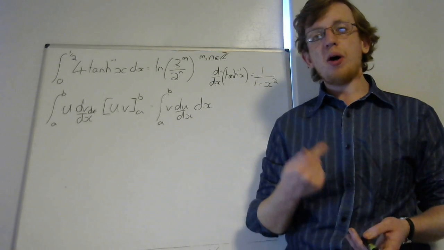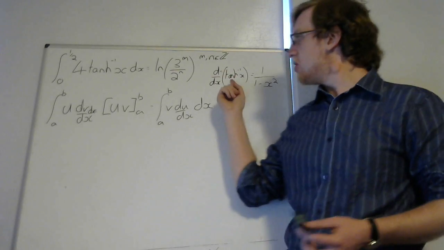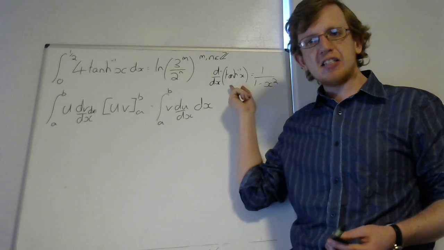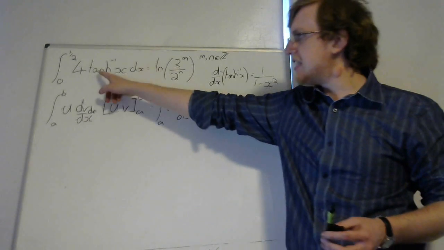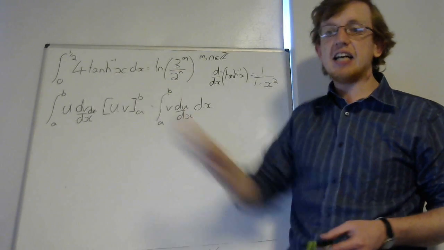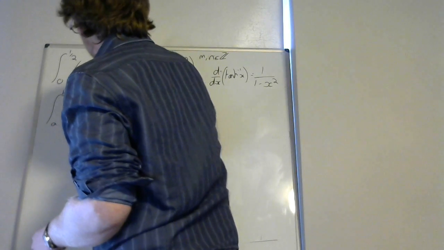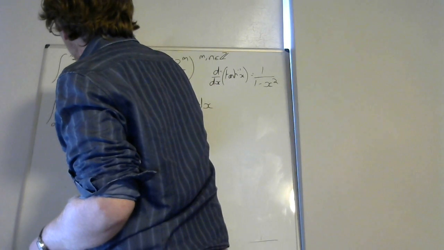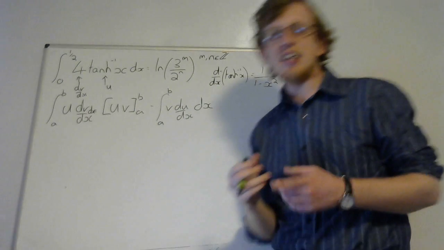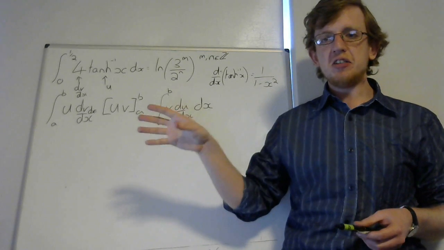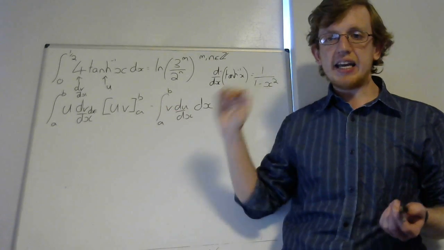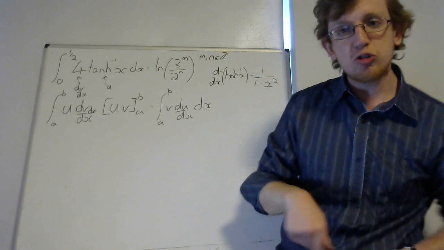Here though, because in part B we're told what the derivative of the inverse tangent function is, that's a very large clue that we're going to be differentiating the inverse tangent function. So I'm going to pick this one to be u and differentiate it to make du by dx, and I'm going to pick this one to be dv by dx, and that's going to be integrated to make v. Once I choose those values, I go off to the side of my page and write them in a little 2x2 table.